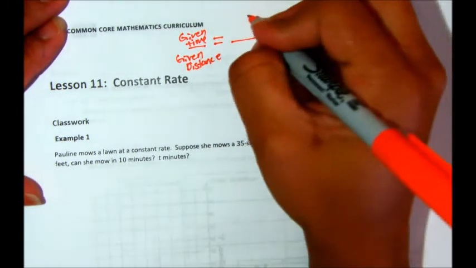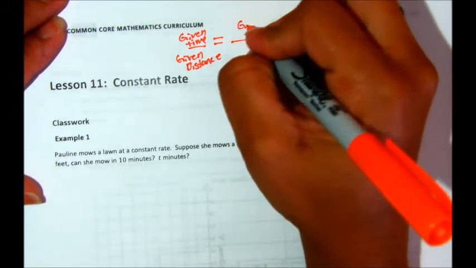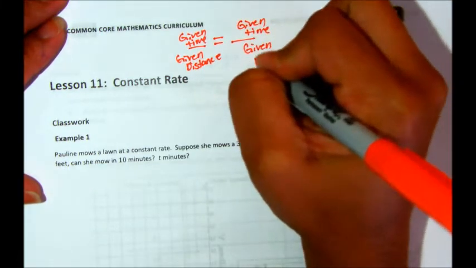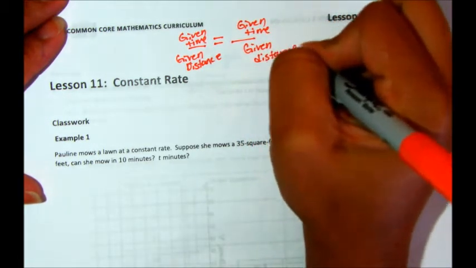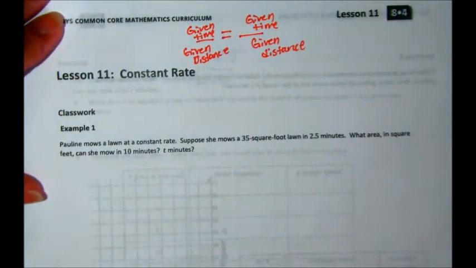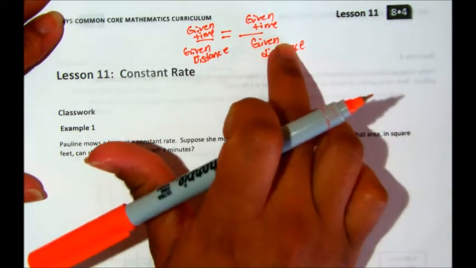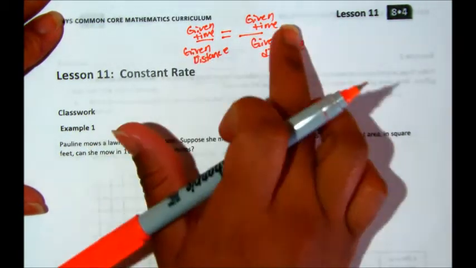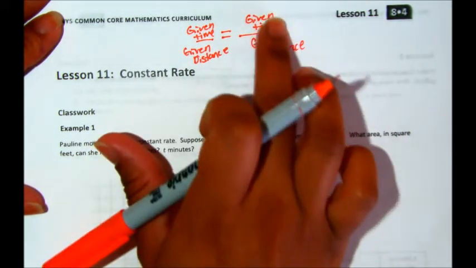I want to set that equal to another given time over another given distance. We then know that the first step in solving a proportion is to cross multiply. So I multiply this given time by this given distance and set it equal to this given time times this given distance.